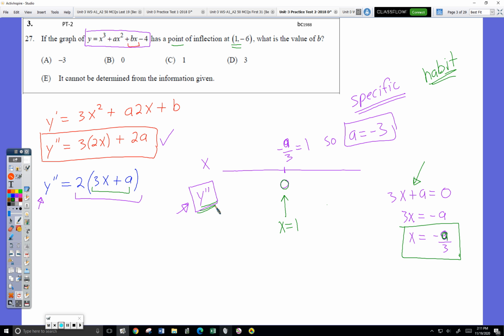They told us there is. So right here, it's either got to go like this, or it's got to go like this. I don't really have to test this one because I already know there's an inflection point there. It's a weird problem. Does that help at all? Yeah. Anybody else want to talk? So that allowed us to find the value of A.